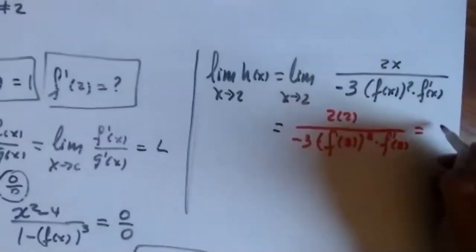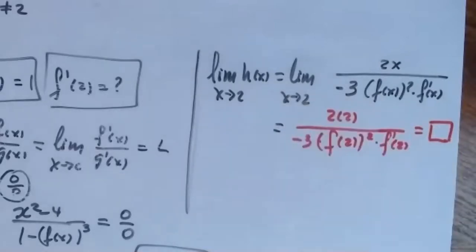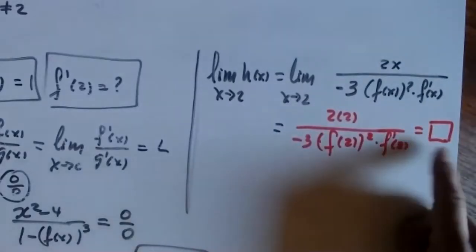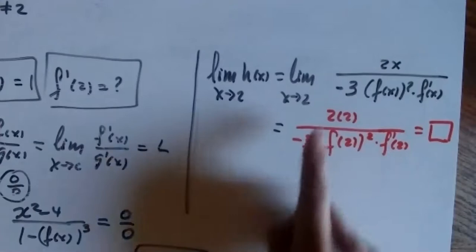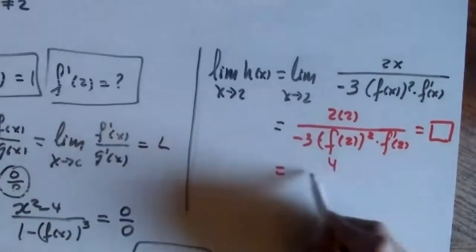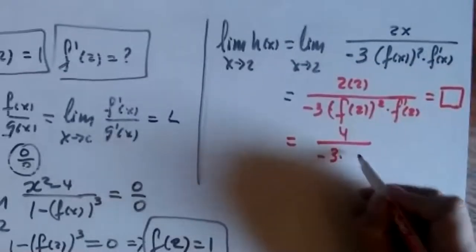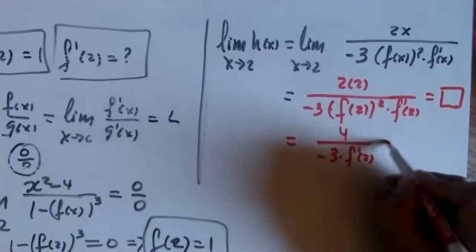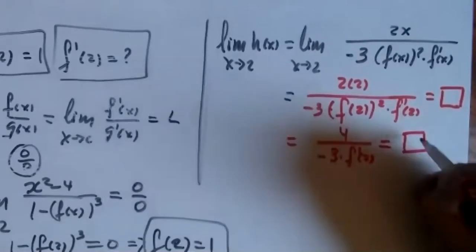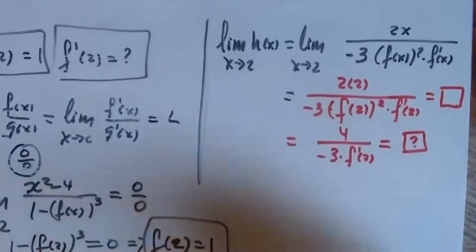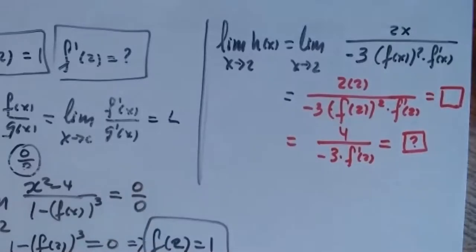And this has to be equal to something, correct? Because if this equals something, I can solve this one. 2 times 2 is 4. This is 1. I found it here. F of 2 is 1. So this is negative 3 times f prime of 2. And this has to be equal to something here such that I can find f prime in 2.